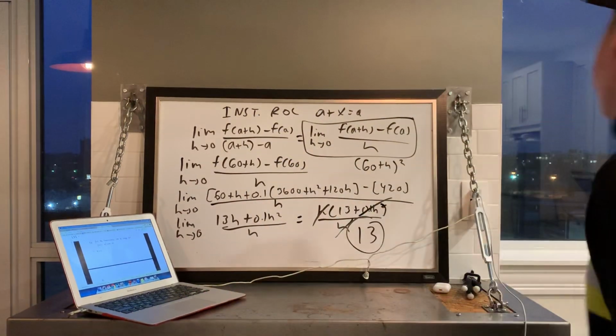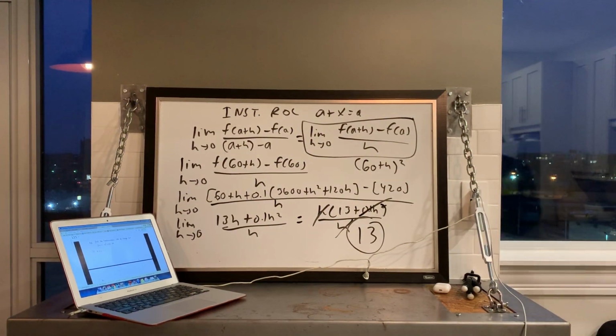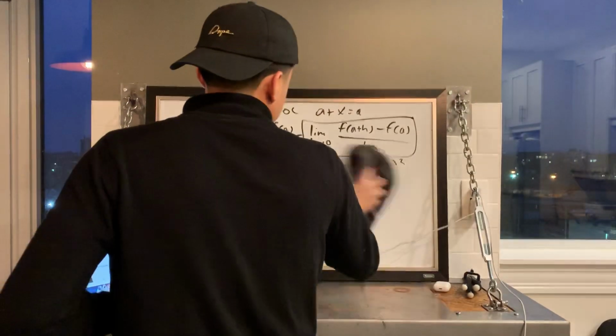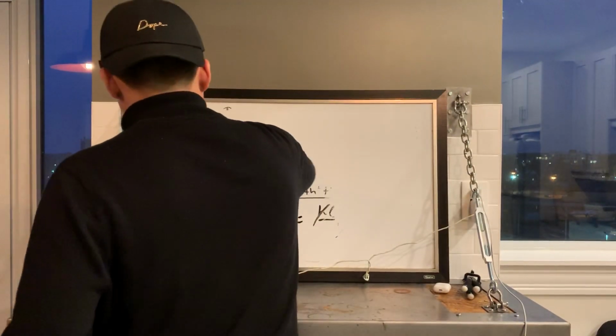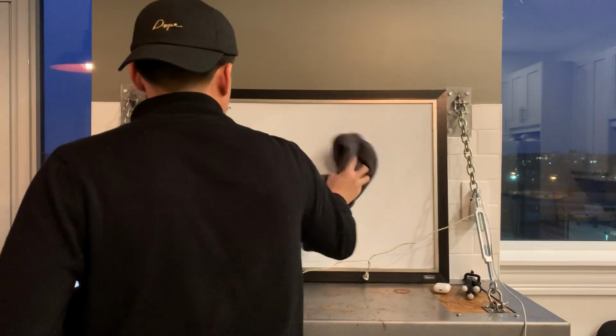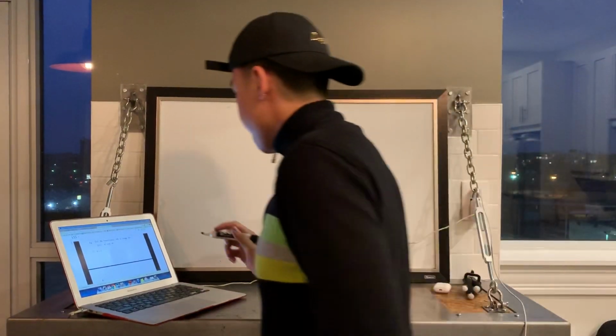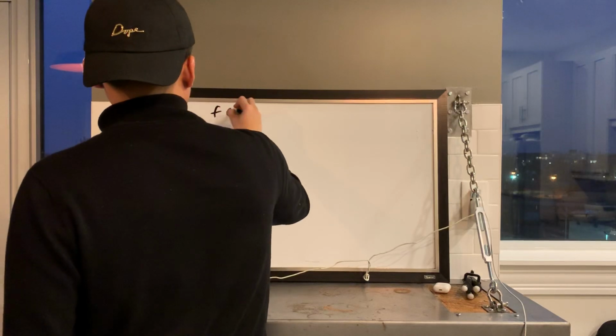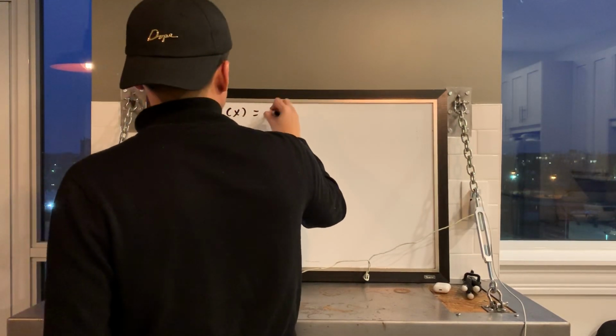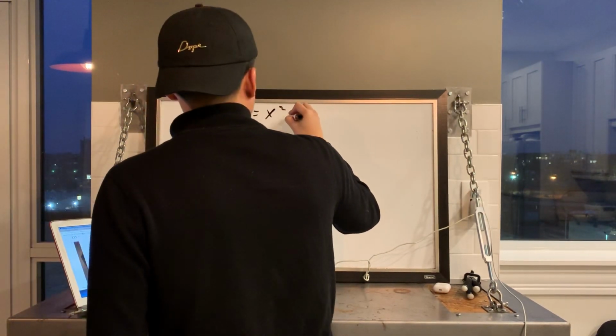Okay, let's try another example. Let's find the instantaneous speed. What if we're at this function, f of x equals x squared plus 2x?